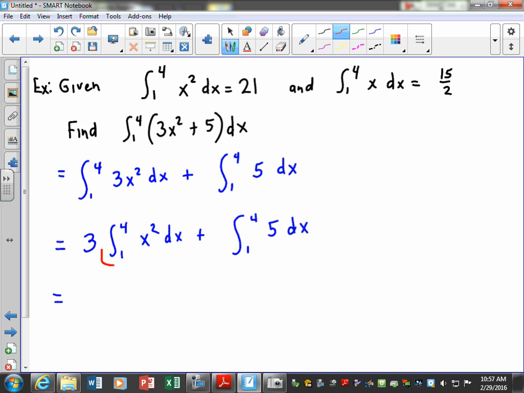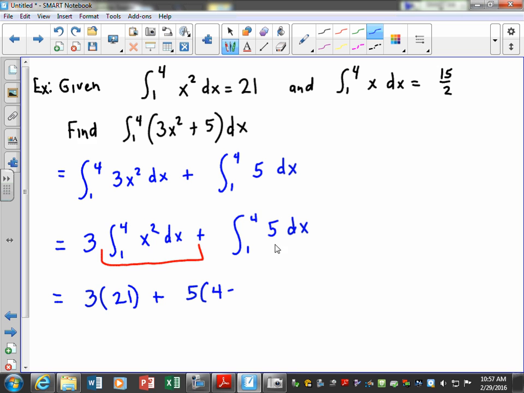Now we can see that this was what was given to us up there, so we can just plug in, we'll say 3 times 21, because this information was given to me and it fits the format, so I'm going to say 21 plus, now I could bring the 5 out and I can evaluate that, or I can use my formula for the very first theorem we worked with, 5 times b minus a, right?